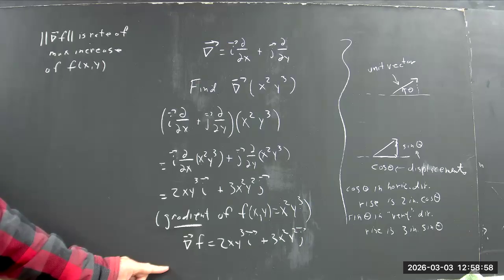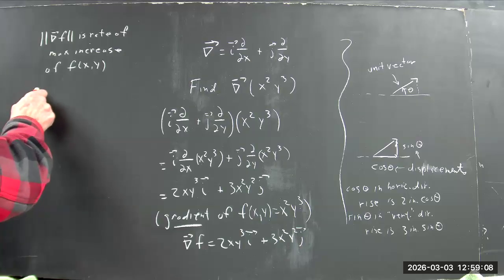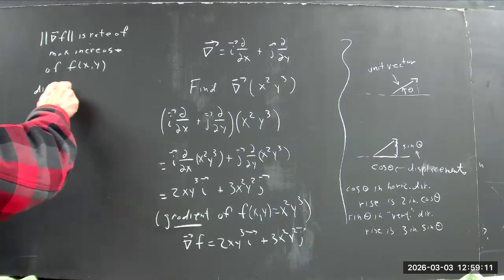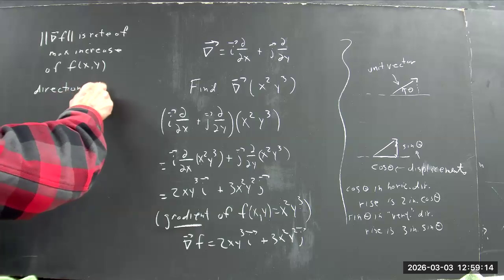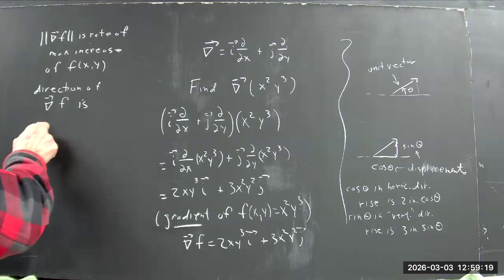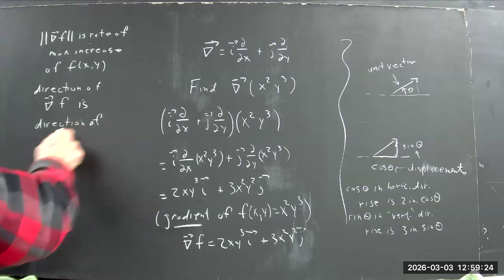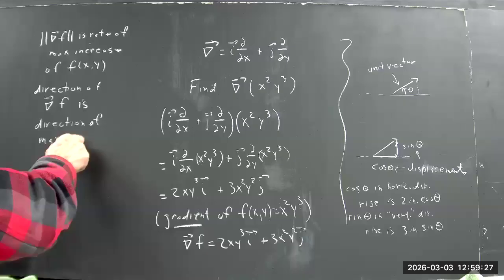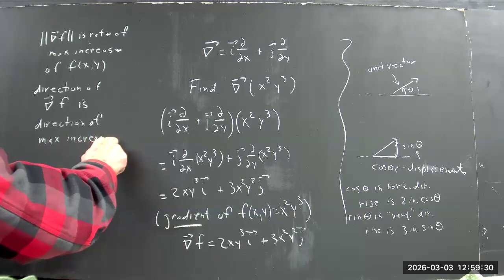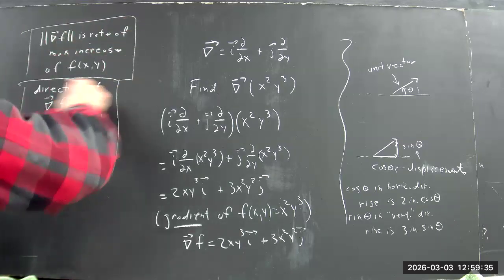At different points, you'll have different rates. The direction of del f is the direction of maximum increase.